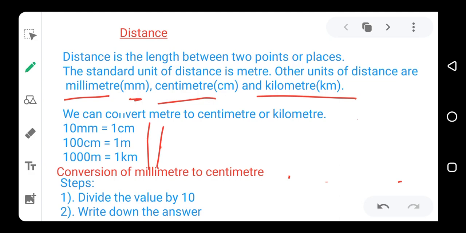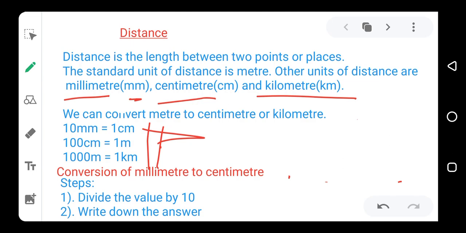If we want to convert from meter to centimeter, or from centimeter to kilometer, anyhow you want, we use this: 10 millimeters equal to 1 centimeter, 100 centimeters equal to 1 meter, and 1000 meters equal to 1 kilometer. For instance, let's learn how to convert from millimeter to centimeter.